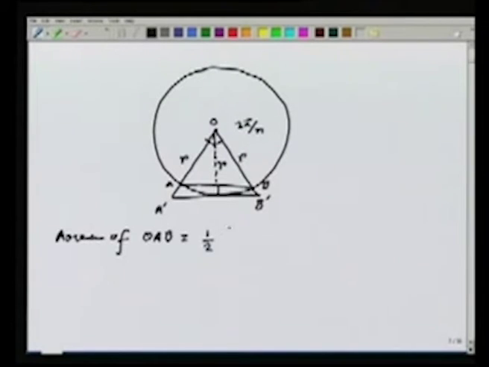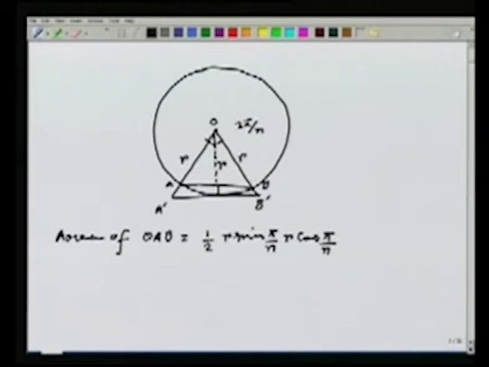Well, the base is r sine pi by n, times the altitude. What is the altitude here? Well, it is just r cos pi by n. Okay, so half times sine pi by n times r cos pi by n.